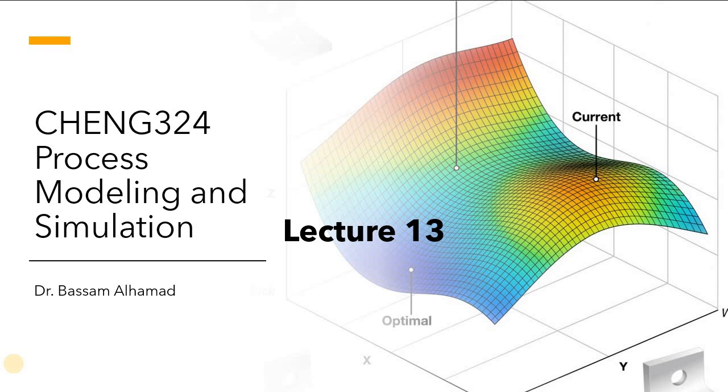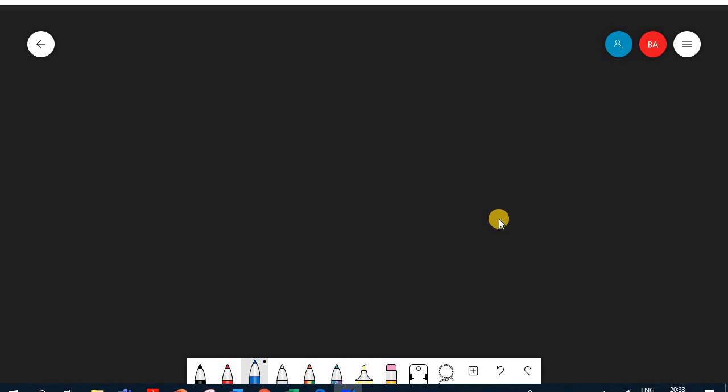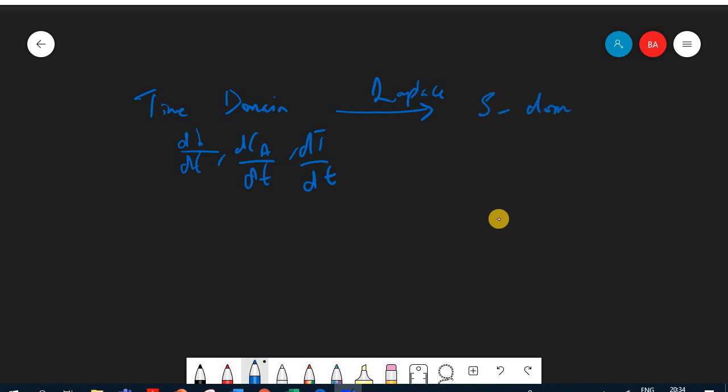So we are saying that if we transfer from the time domain to the S domain, and usually the thing in the time domain is our model equations, that dh by dt, dCa by dt, dT by dt. We take Laplace, and taking it into Laplace, we'll have our S domain, in which we call transfer functions.